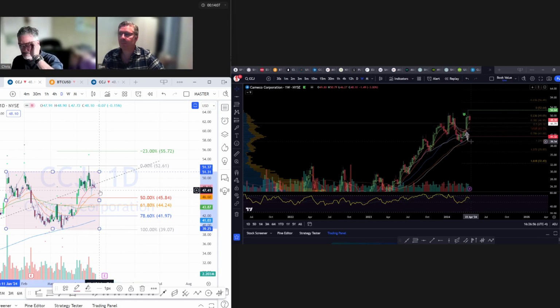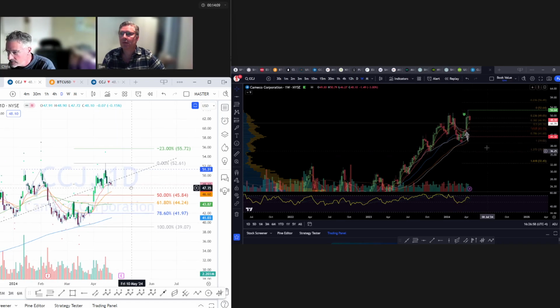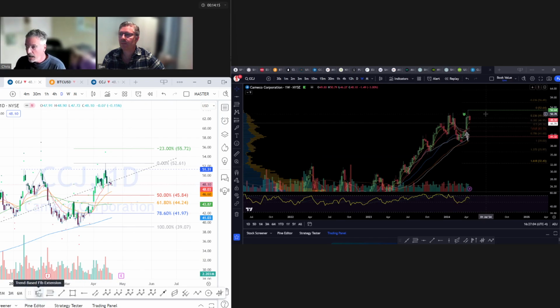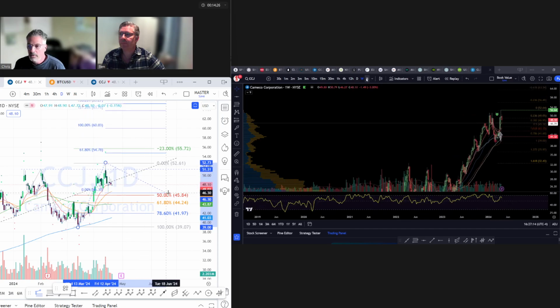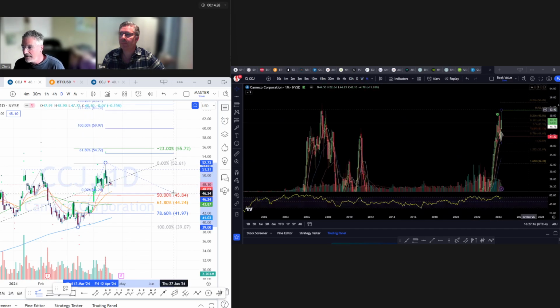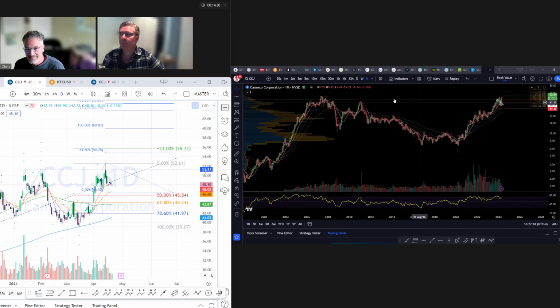Let's just say for simple math, it's $39 to, let's say, 52, right? So that's $13. So what you're supposed to expect is a $13 move up off of the consolidation. So a 1-to-1. That's kind of how I don't necessarily play things that way.